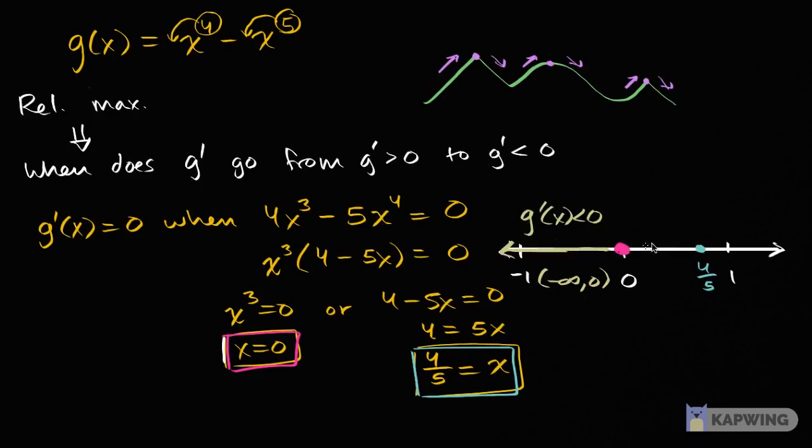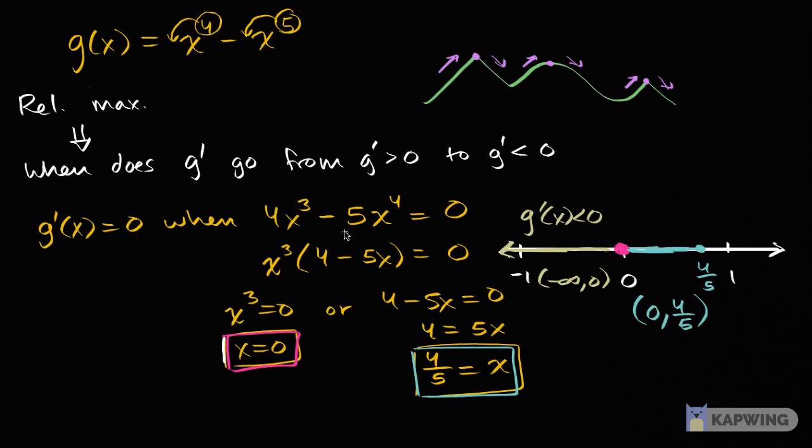So in the interval between 0 and 4/5, let's just sample a number there. Let's say 1/2 might be really straightforward.